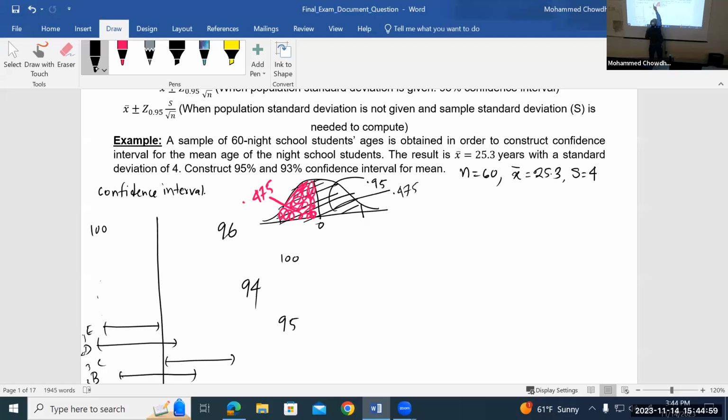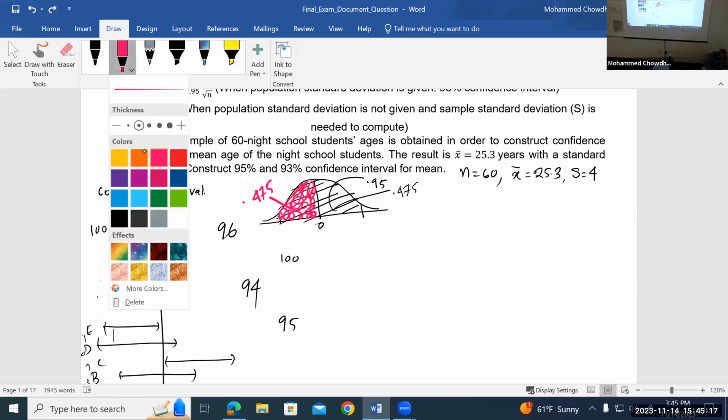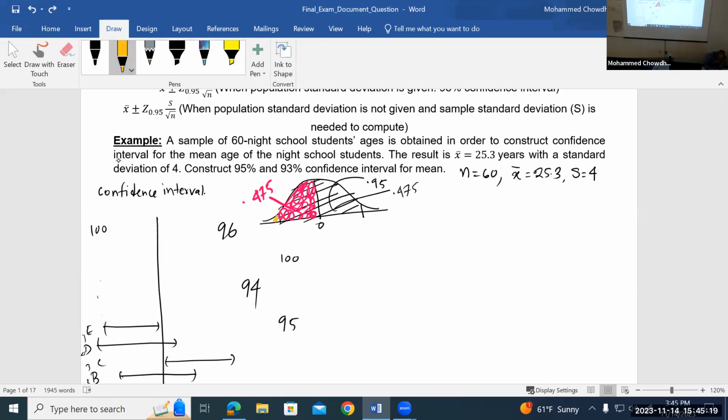So if this is 0.475, how much is this yellow part?